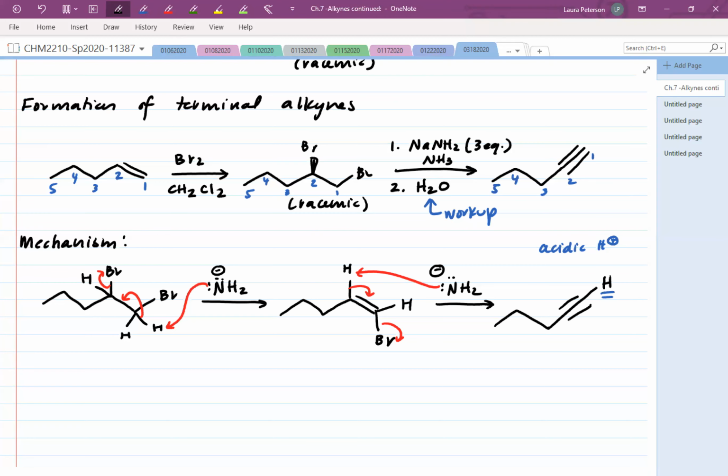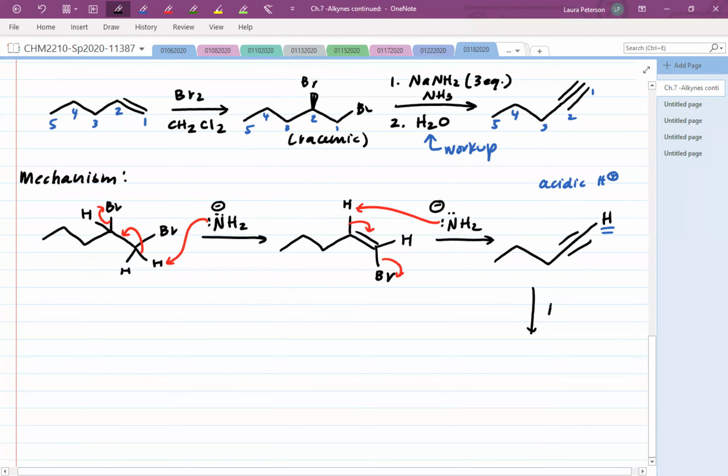So the third equivalent of base is actually forming the acetylide anion. So we form acetylide. And this is actually the product of 3 equivalents of NaNH2. Now we can see why it might necessitate that H2O step.